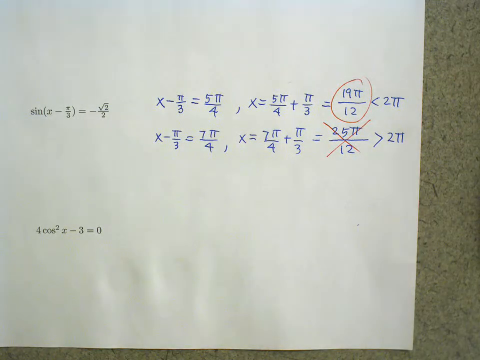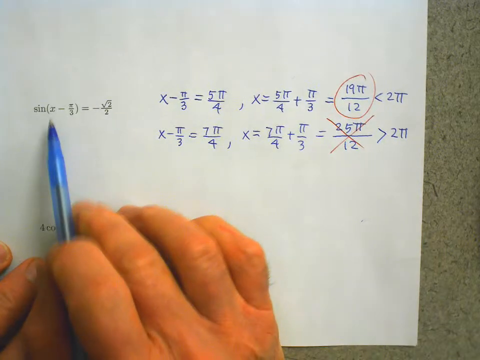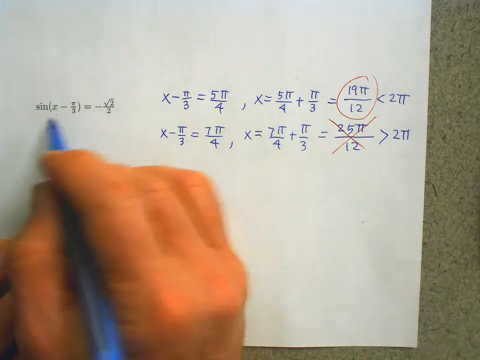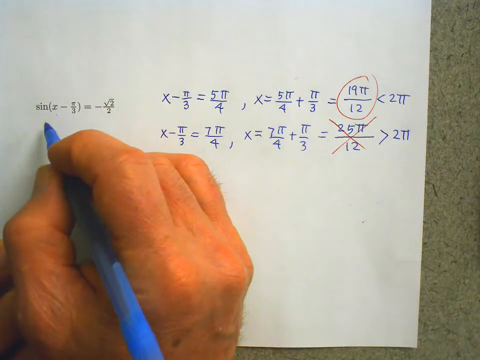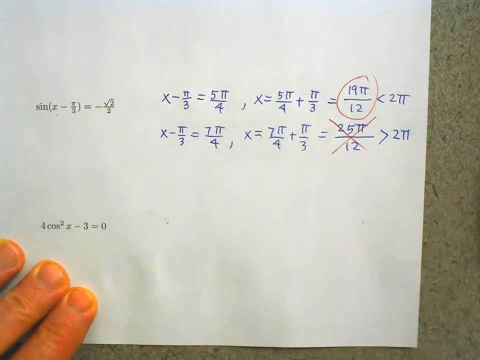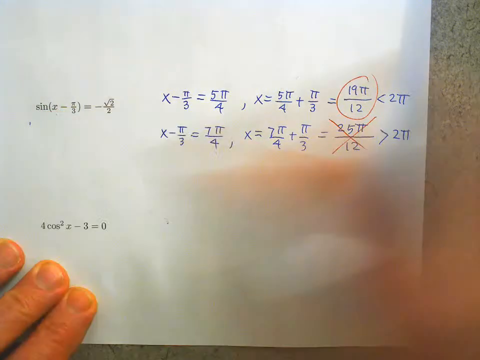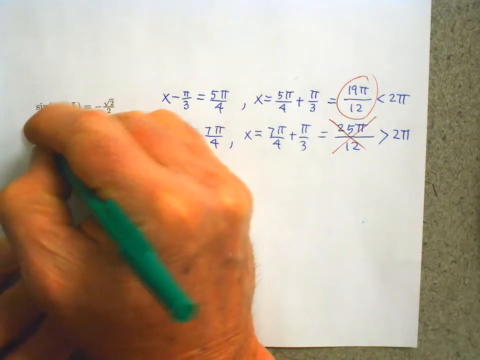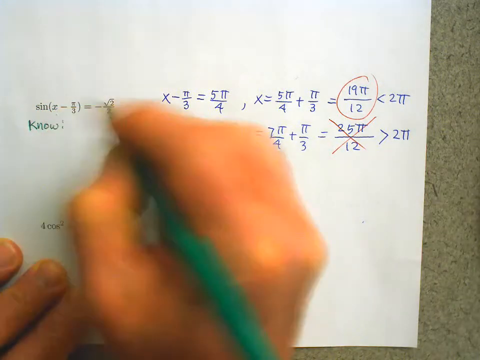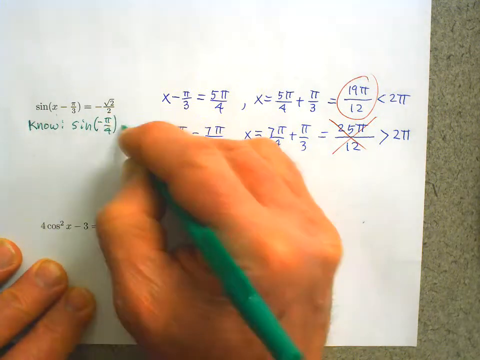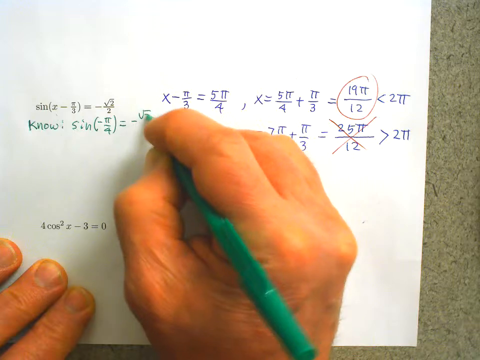Well, there is another solution. We'll do what we did the last time. Remember, it's x that has to be between 0 and 2 pi. And we know that sine of negative pi over 4 is negative square root of 2 over 2.